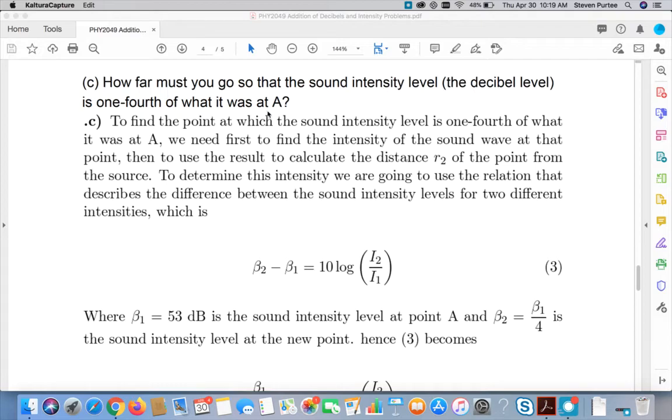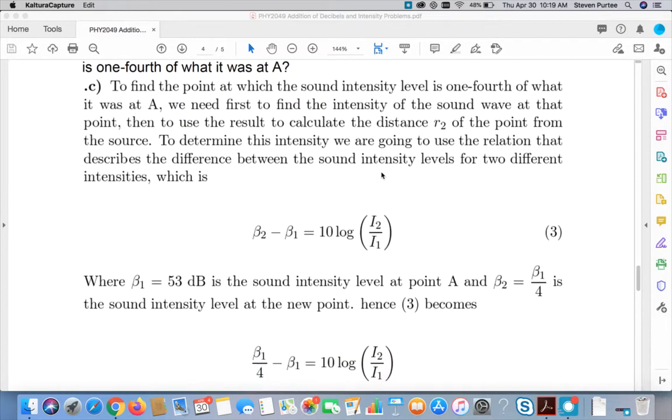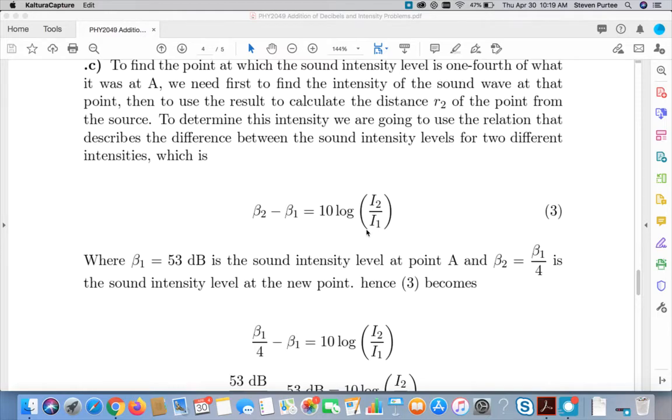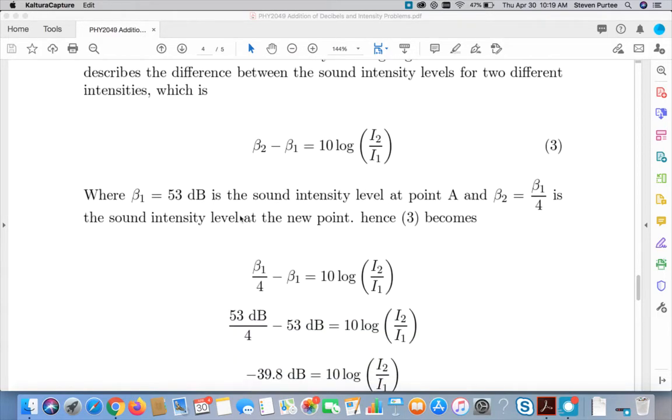Part C says, well, what if you want to get 1/4 the decibel level, the sound intensity level, as your book likes to call it? How far would you need to go? Okay, so this one's a little more complicated because we've got logs in here. I know the decibel level at point A was 53. I want the new spot to be 1/4 of that.